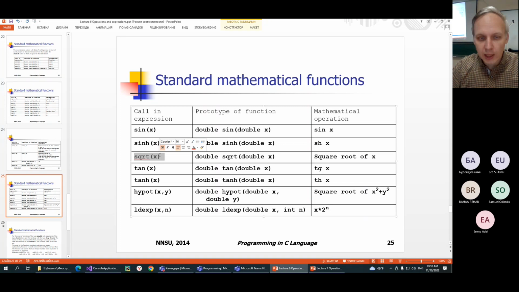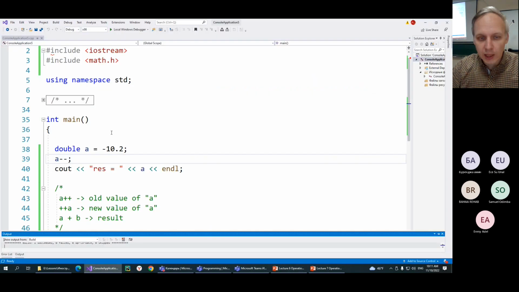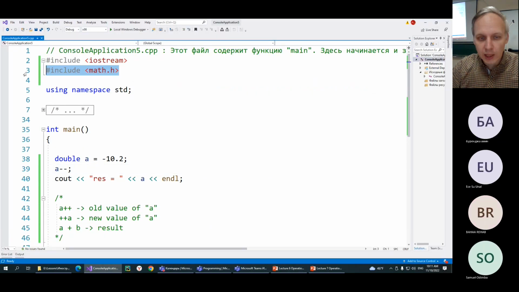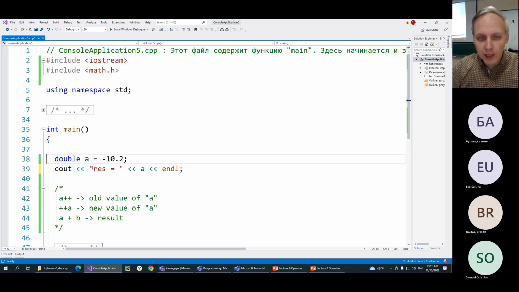If you want to compute the square root of x, you can call the function sqrt. Tangent, hyperbolic tangent, and so on. A lot of mathematical functions. How to use it? First, you should write include math.h, and after that you can use these functions.